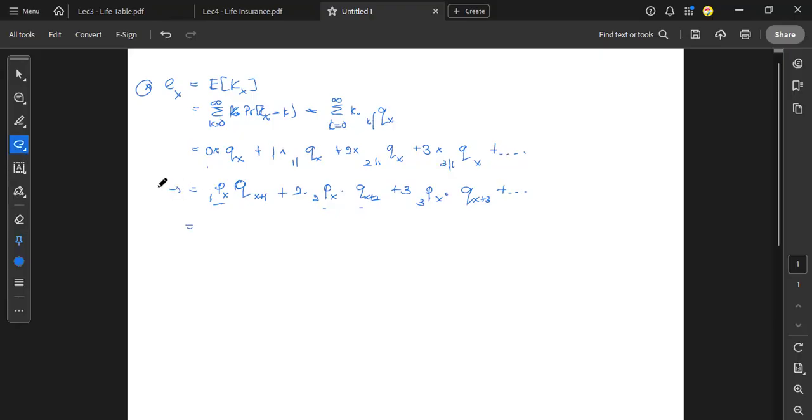This is also a possible way, but if you want to make it a series, let's try this. So this is 0. That's okay. For this one, it's surviving from x to x plus 1 and death occurs between x plus 1 and x plus 2.